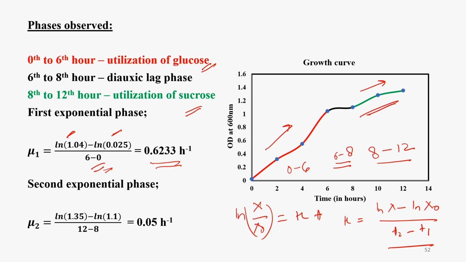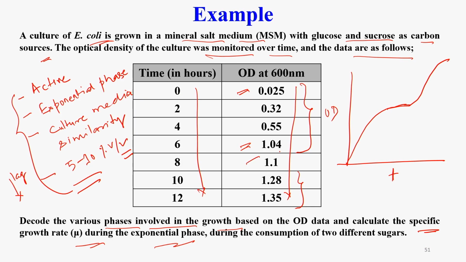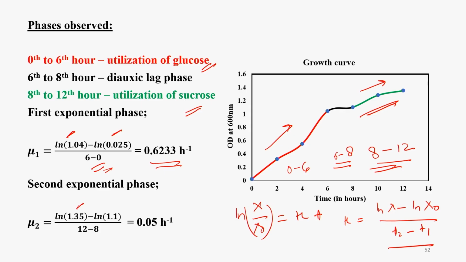Now, in the second phase, you can see this is slow growth as compared to the first phase. You have to take 8 to 12. So, what will be the x naught? X naught will be 1.1. What will be the x? It will be 1.35. ln 1.35 minus ln 1.1 divided by 12 minus 8, and here the specific growth rate is coming 0.05.